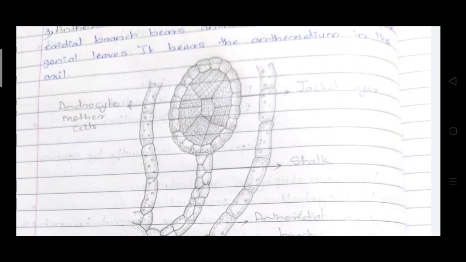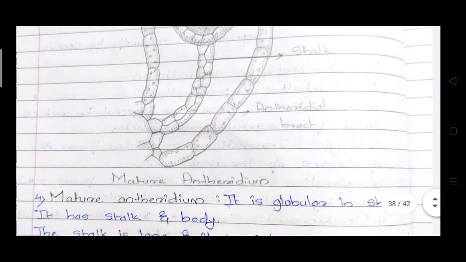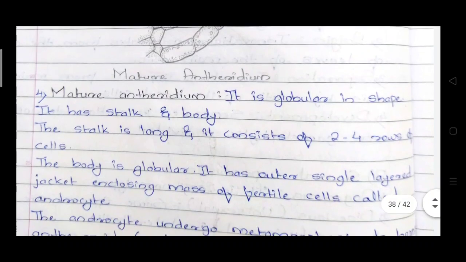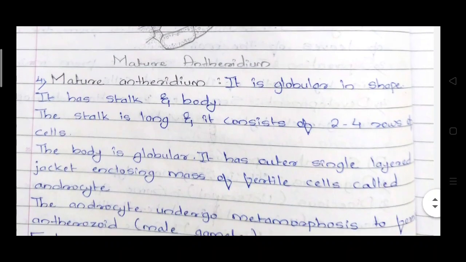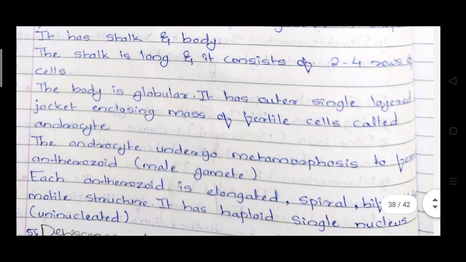This capsule has a single jacket layer, and contains the androcyte mother cells. The antheridium is globular in shape and has a stalk and a body. The long stalk consists of 2 to 4 rows of cells, and the body is globular.